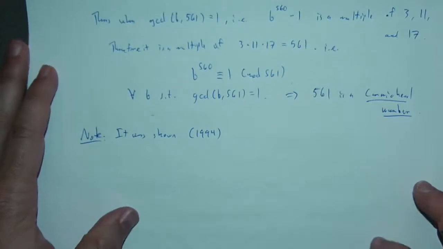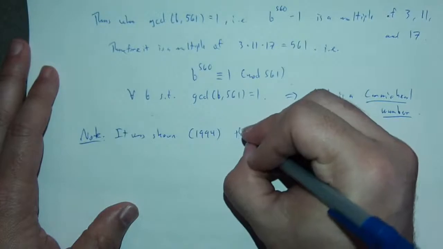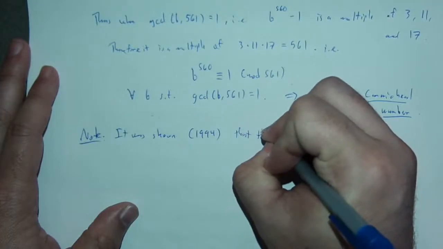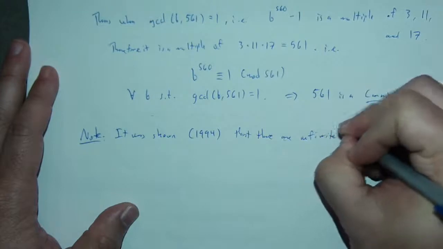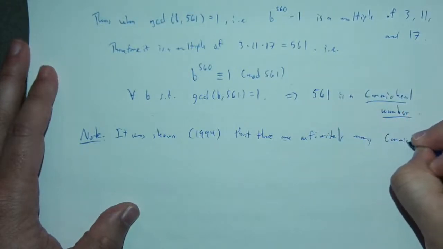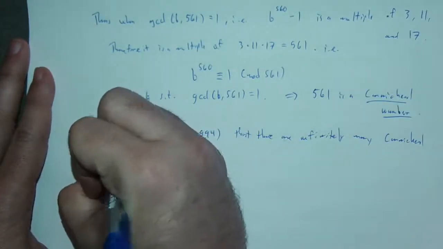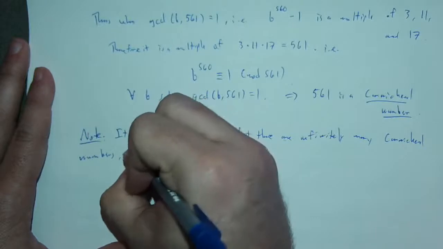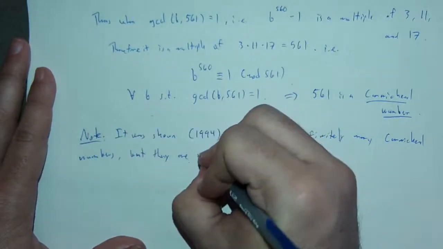So it was shown in 1994 that there are infinitely many Carmichael numbers. But they are relatively rare.